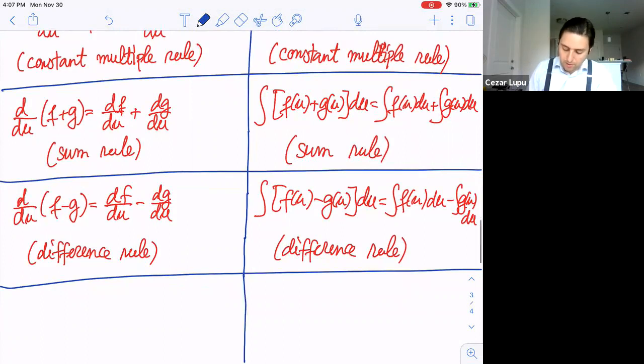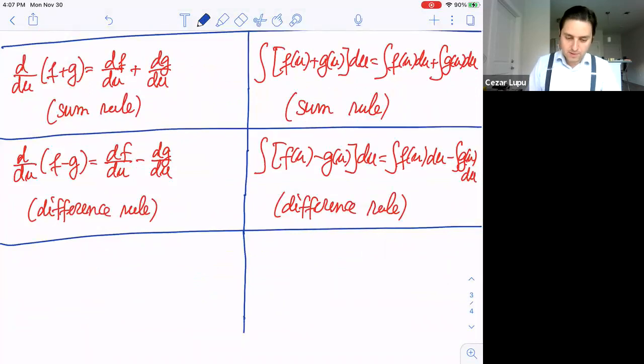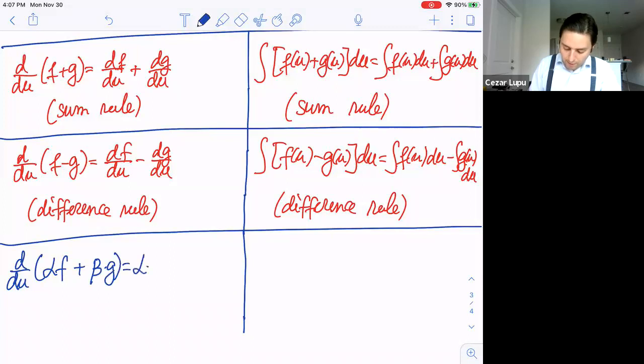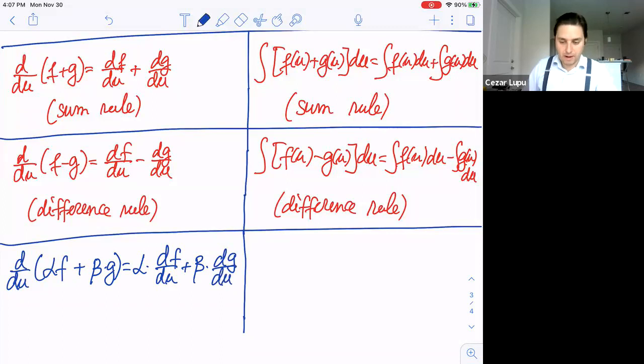If we put all three together, we can have something like this: d over du of alpha f plus beta g is alpha times df over du plus beta times dg over du. Of course, alpha and beta are just constants.